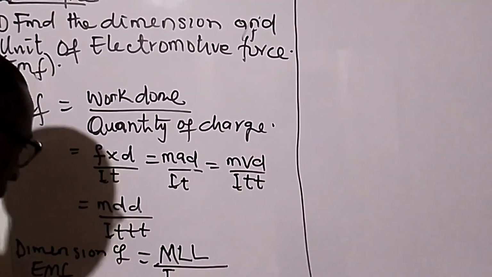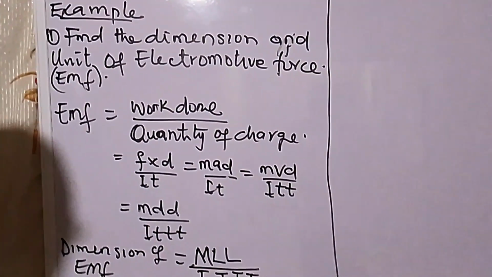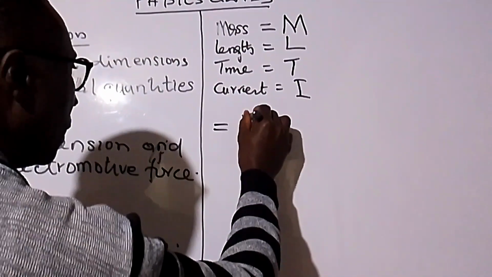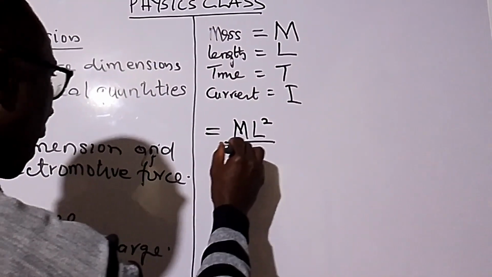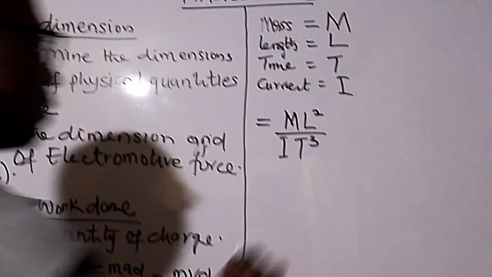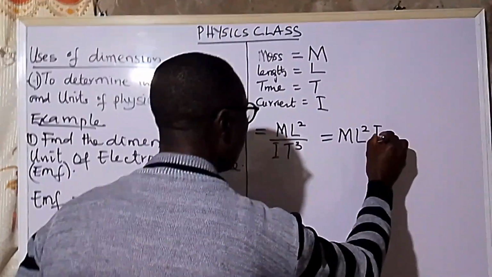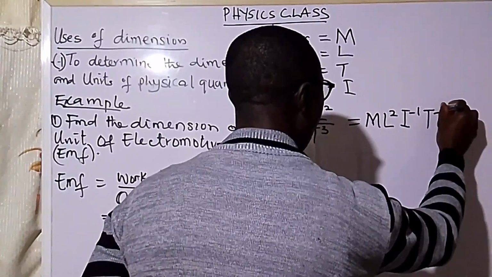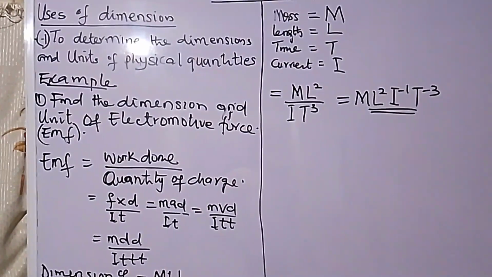Then capital I for current and T, T, T. To continue with this one, then we are going to have the dimension of electromotive force as M L squared over I T cubed. Finally, we are going to have for electromotive force, M L squared I raised to power minus 1. Don't forget the rule of indices, T raised to power minus 3. That is the dimension of electromotive force.